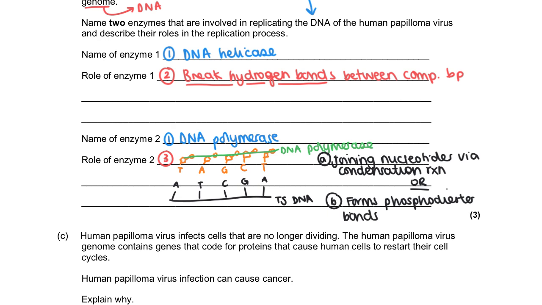And you don't have to specify that it's between the sugar and the phosphate, but you do have to specify that it's between adjacent, so next to each other, nucleotides.